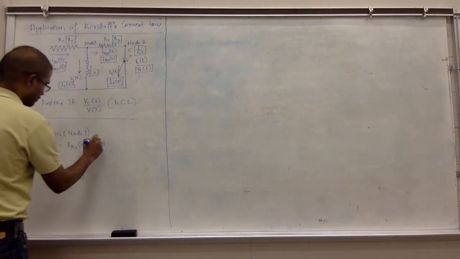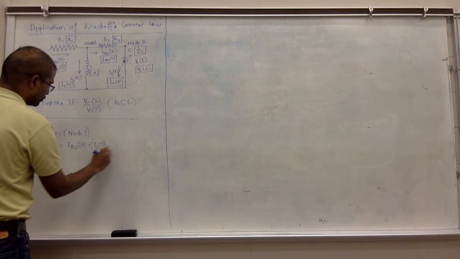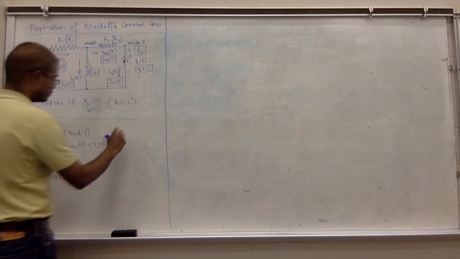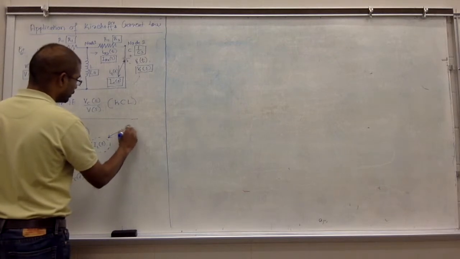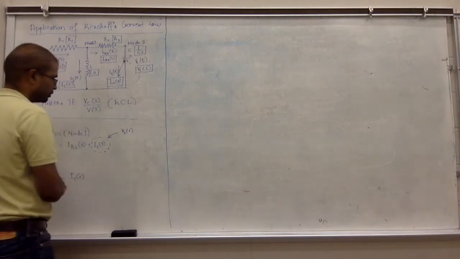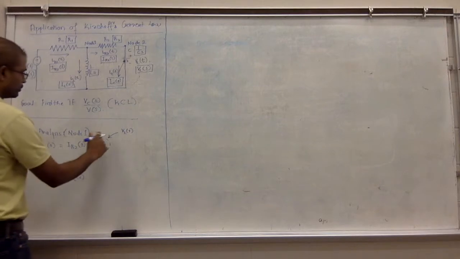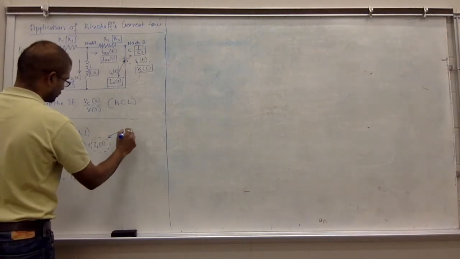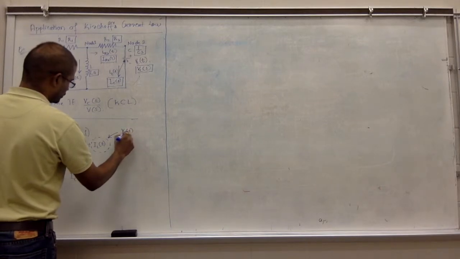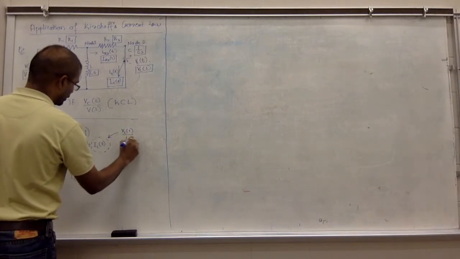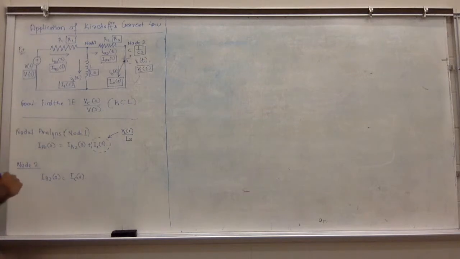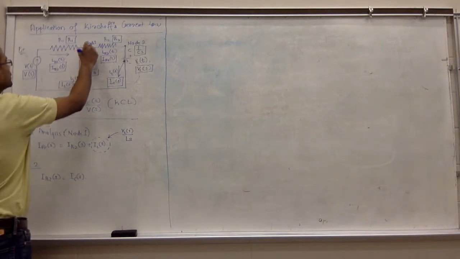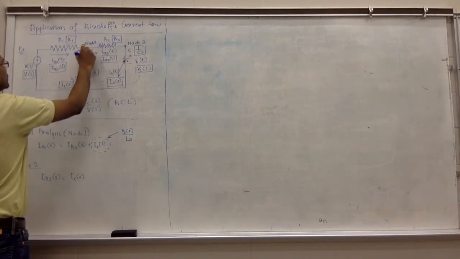You can say this is simply equal to VL of S divided by Ls. And your VL of S is the voltage across this one.